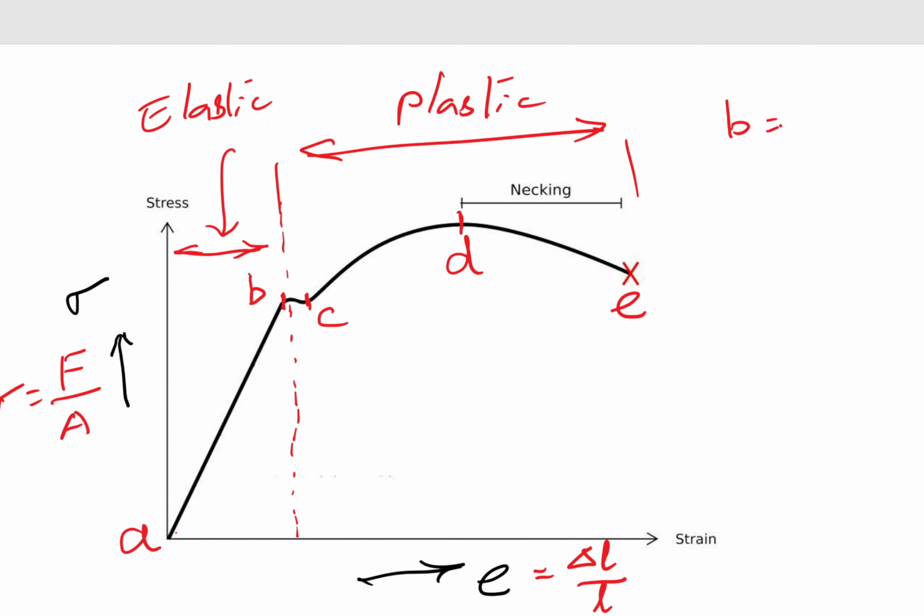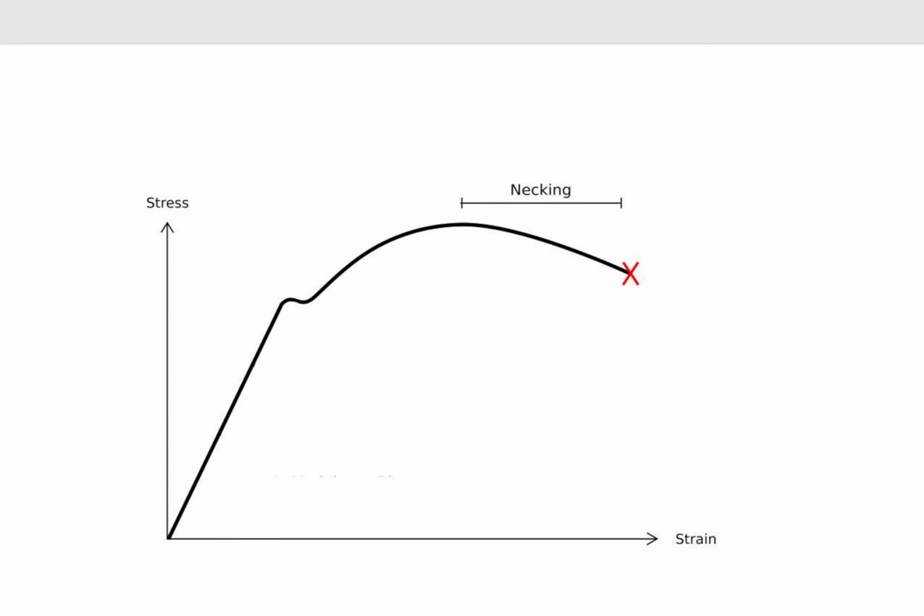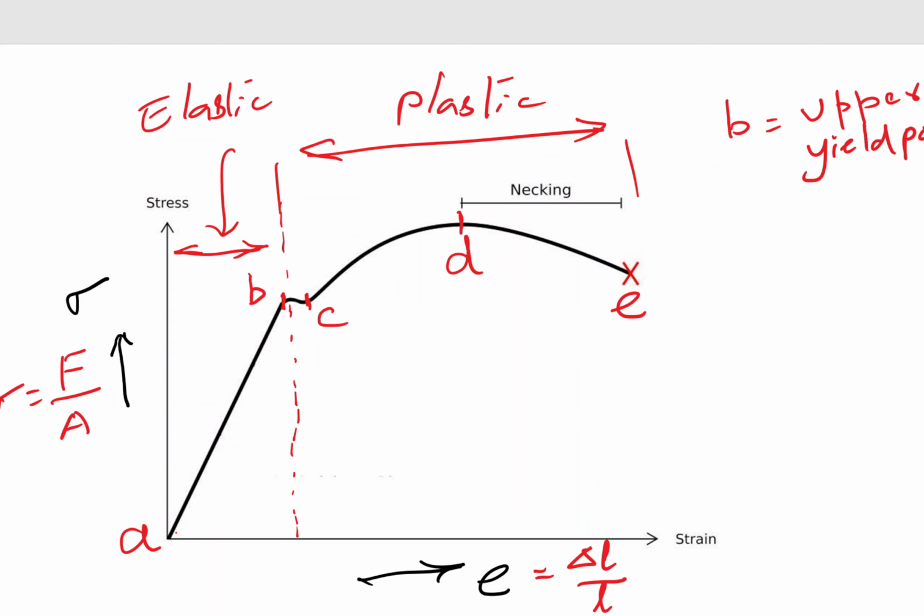B is upper yield point. Okay. C is what? C is lower yield point.